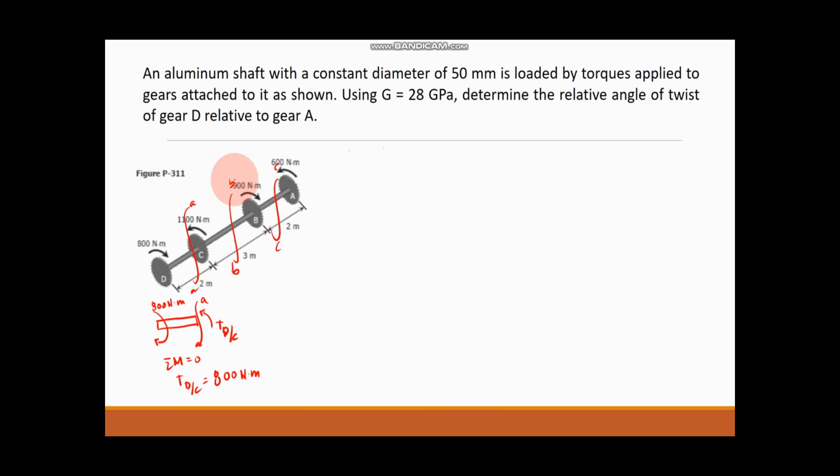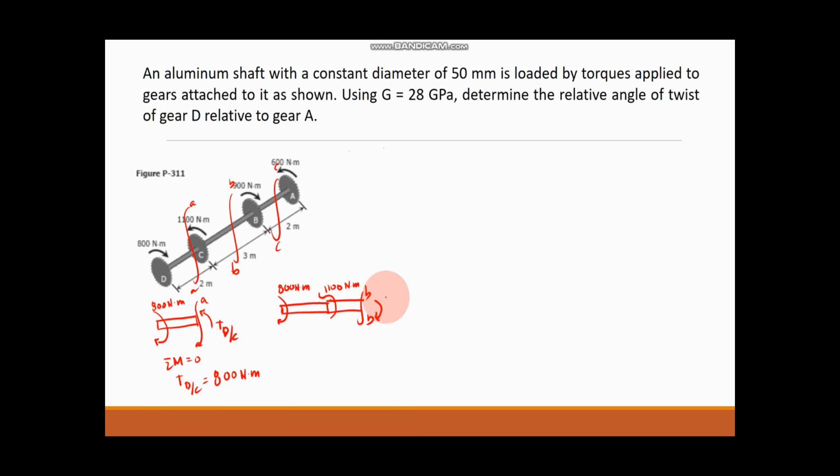And for the imaginary line B, same procedure. So our gear C has 1,100 Newton meter, and our gear D has 800 Newton meter.